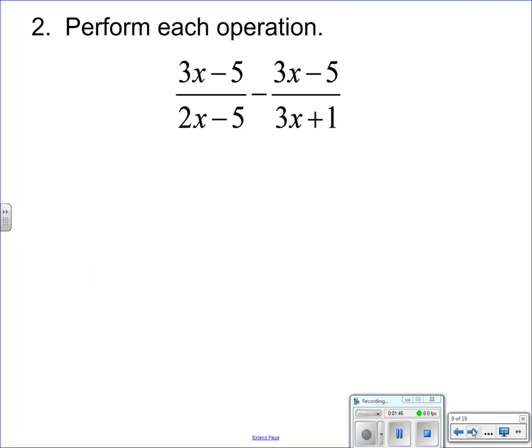Our next two examples today are a little bit more complicated, because there's nothing in common in the denominators. So this and this, those are each one term. There's nothing in common. That's one factor. So I need to multiply each of the polynomials by what the other denominator is.